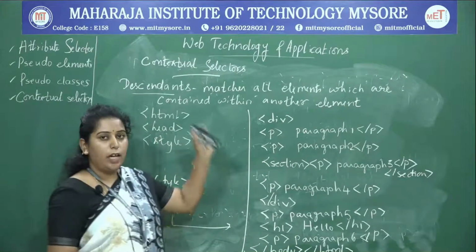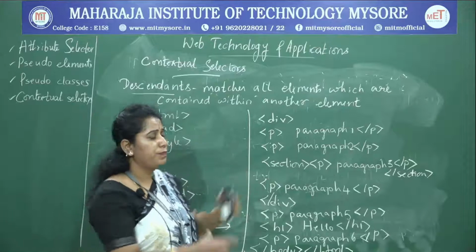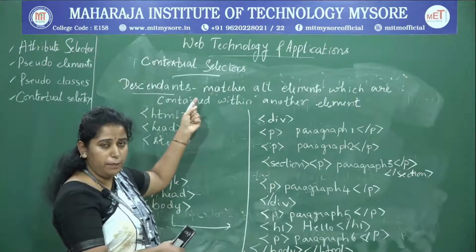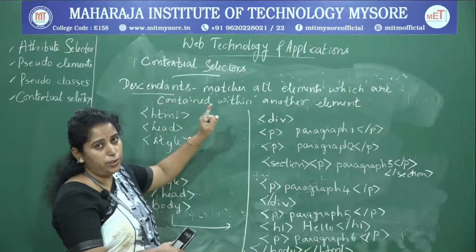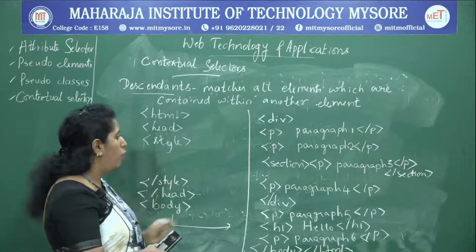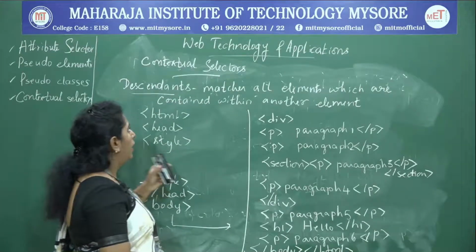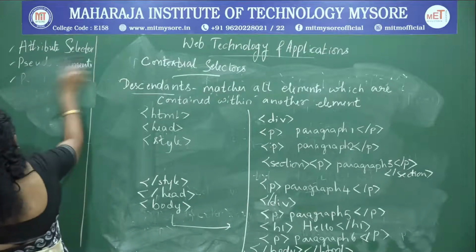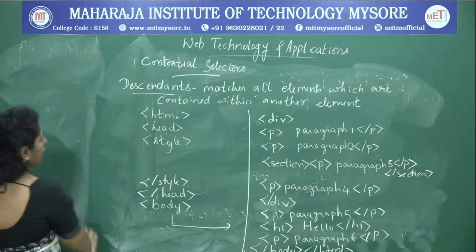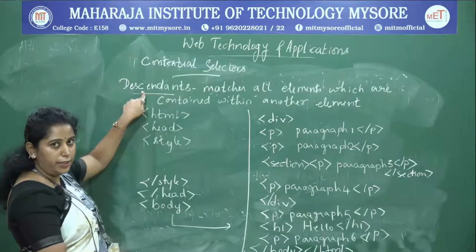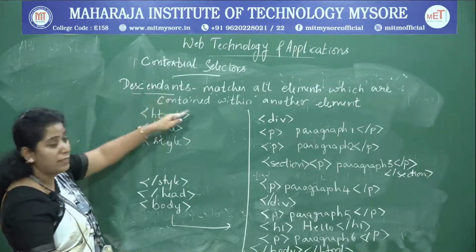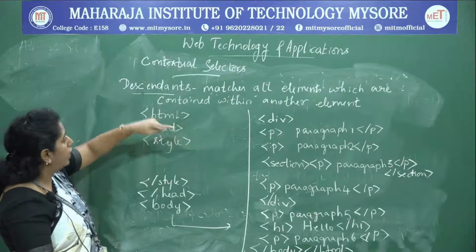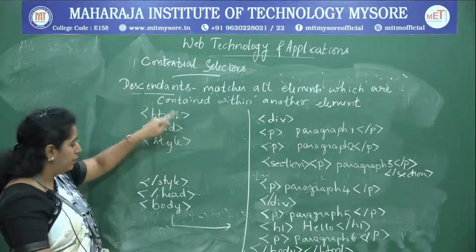I told you that contextual selectors select an HTML element based on their relations. Okay, now what happens here? I am going to use this space now. Okay, you have to be clear. I am going to illustrate descendants, which match all elements contained within another element.